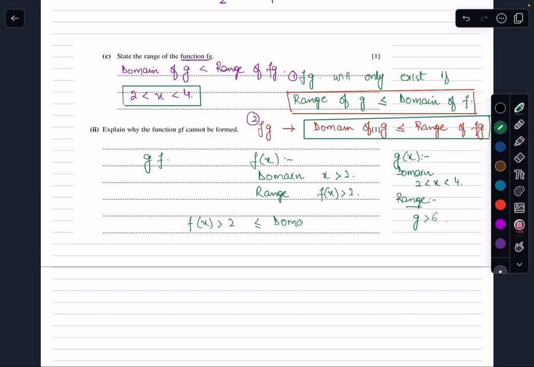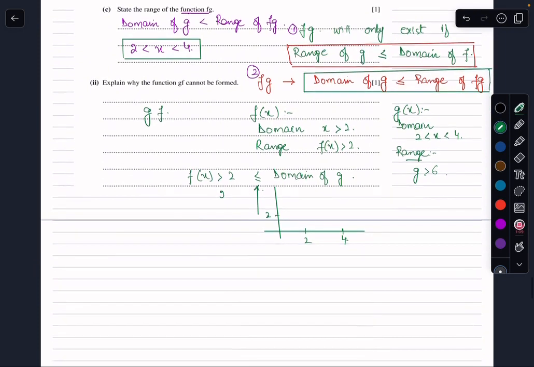The domain of g was just between 2 and 4, whereas the range of f was just greater than 2. That is open-ended, and therefore we say that g of f cannot be formed because the condition does not hold here.